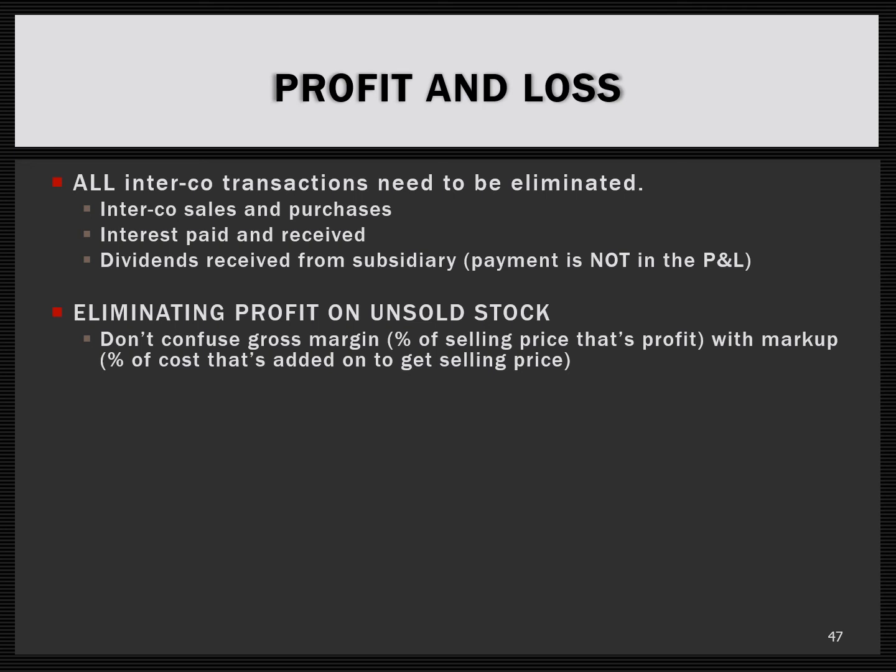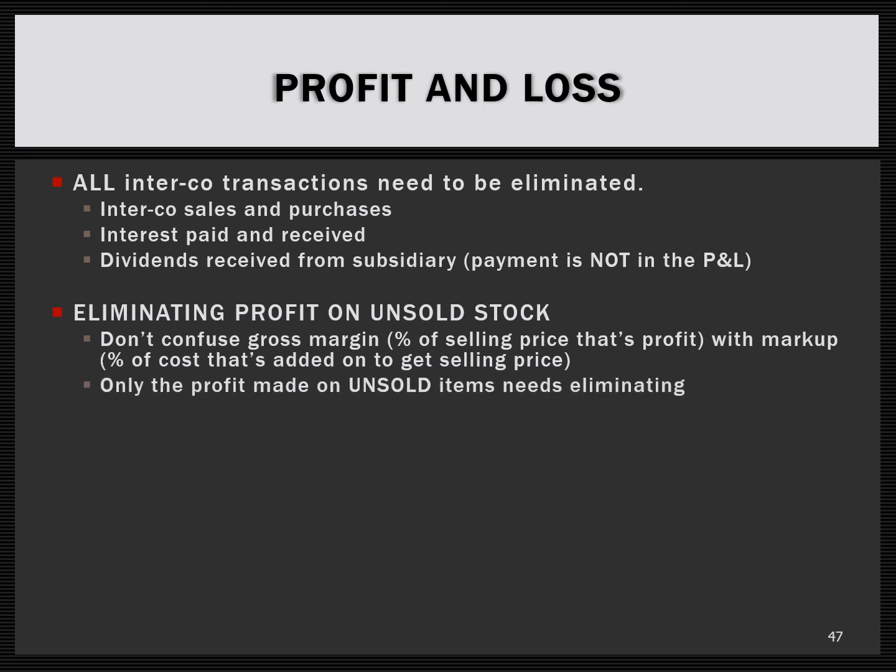Markup represents the percentage of cost that's added on to cost to get to the selling price. So if the markup is, let's say, 20%, then the selling price represents 120% of original cost. And so you can work out from that how much of the selling price represents profit. So don't confuse those two.